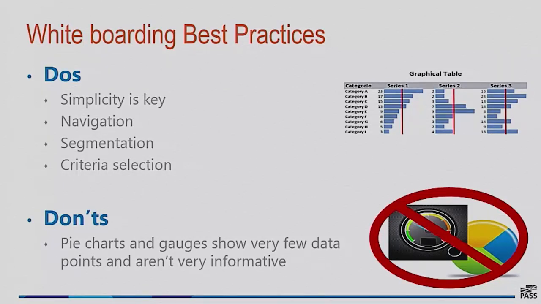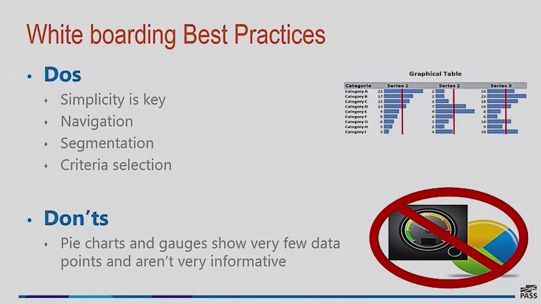Where most of these are missed is in segmentation, and since I can't show it to you, I'll draw it. Here's where they'll mess up. They'll have their navigation across the top. They'll have some criteria selection over here.